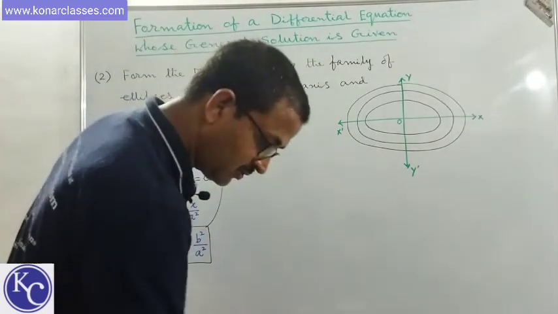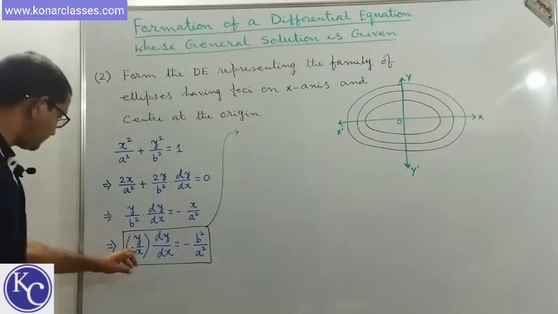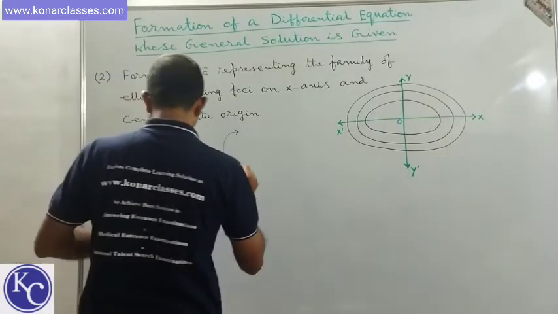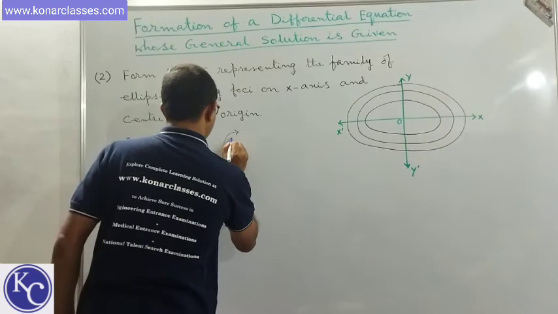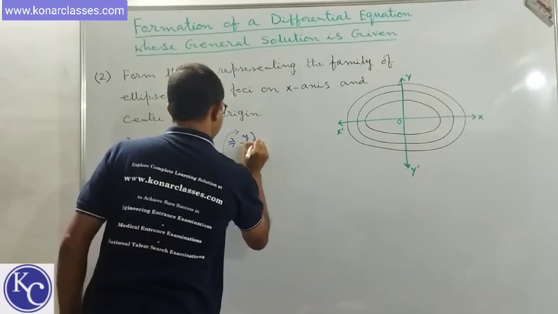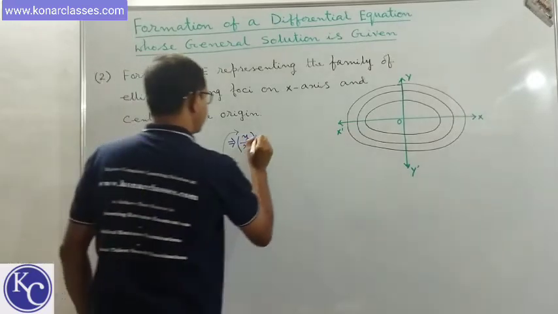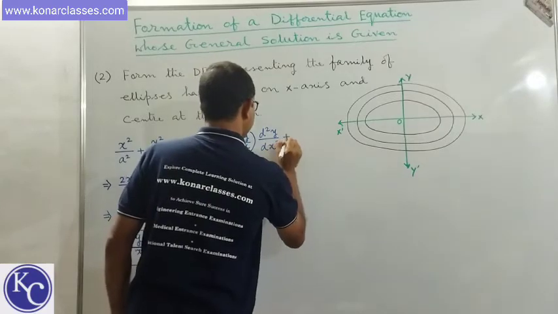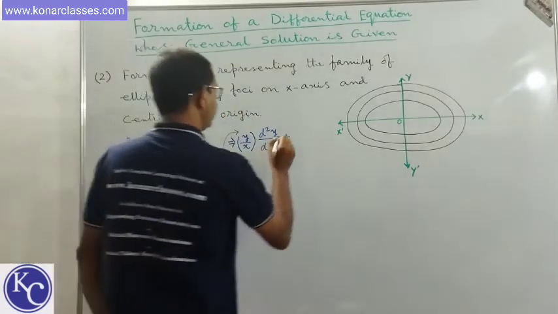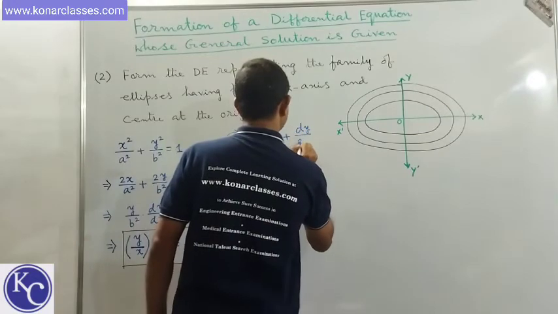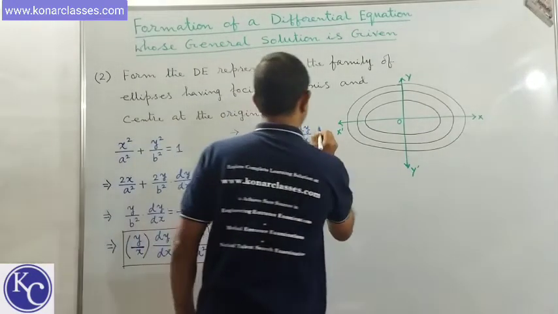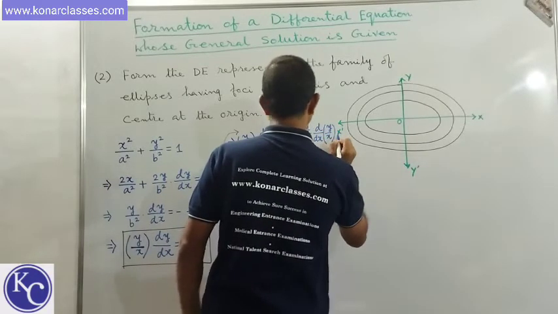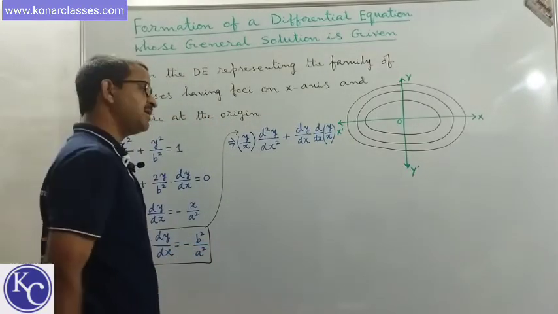Now what are we going to do? We are going to differentiate again. Let us differentiate the left hand side using the product rule, u into v rule. If we differentiate once more, we get y by x into d2y/dx2 plus dy/dx into d/dx of y by x, and the right hand side will be 0 because minus b square by a square is a constant.